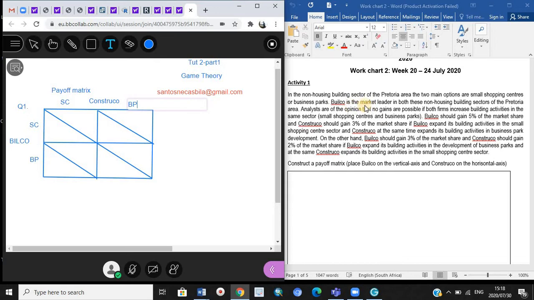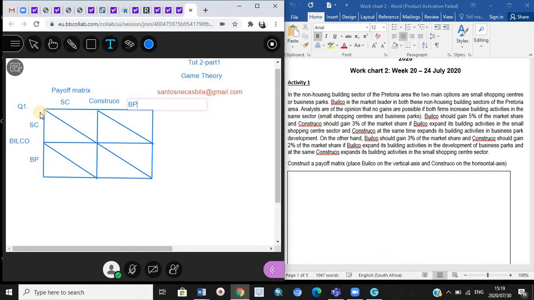It says Bilko is the market leader in both these non-housing building sectors of the Pretoria area. Analysts are of the opinion that no gains are possible if both firms increase building activity in the same sector. What does it mean?